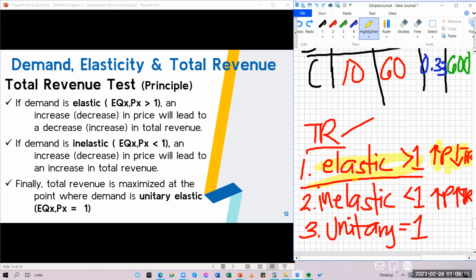While for inelastic, if it is less than 1, that means if the price goes up, your total revenue still goes up. So there is a positive relationship between inelasticity and your total revenue. While for unitary, it is still beneficial since your demand and supply are maximized. So everything has been brought into equilibrium.